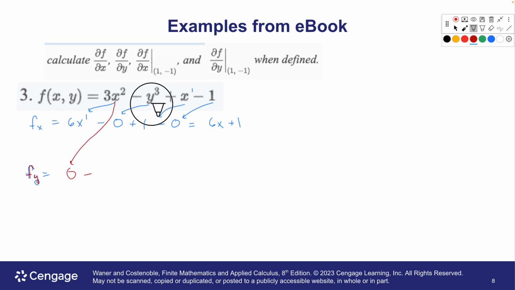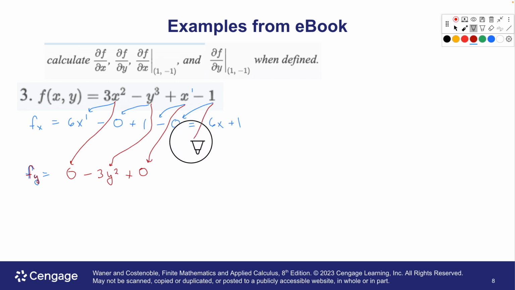Derivative of y to the third, y is a variable now, so 3 comes down, we have 3y squared. Then the next term, x is a constant, and when you take the derivative of a constant, you get 0. 1 is already a constant, a number, so when you take that derivative, you get 0. So the derivative with respect to y is simply negative 3y squared.